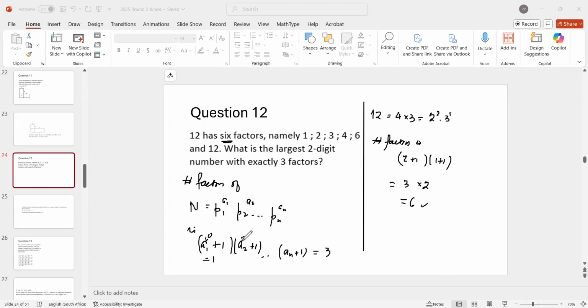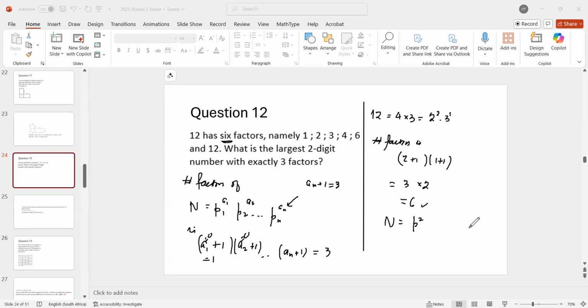So all these indices are 0 except one. So n is equal to your original n, if these indices are 0, then all this is 1, and there's only one prime, and that index, let's say an plus 1, is equal to 3. So the an itself will be 2.